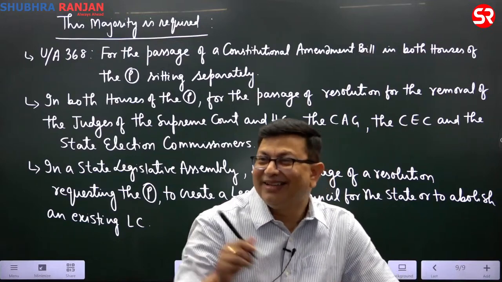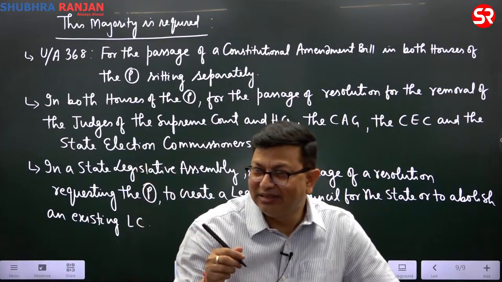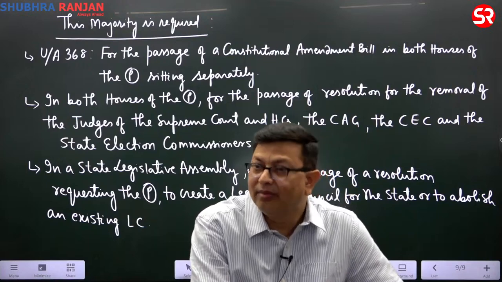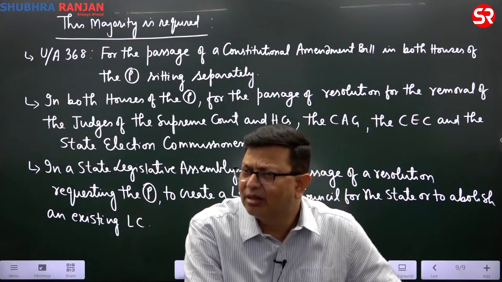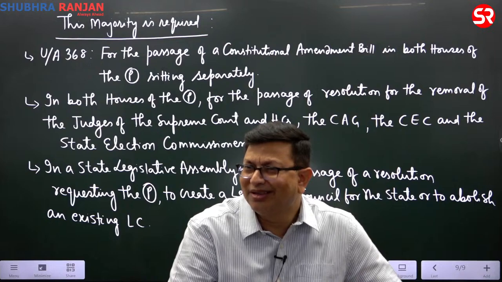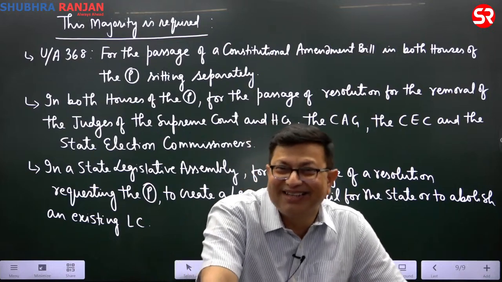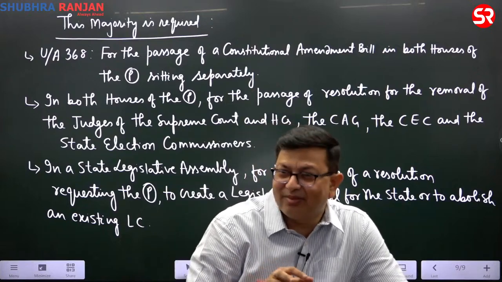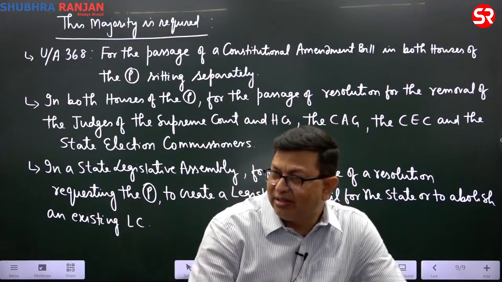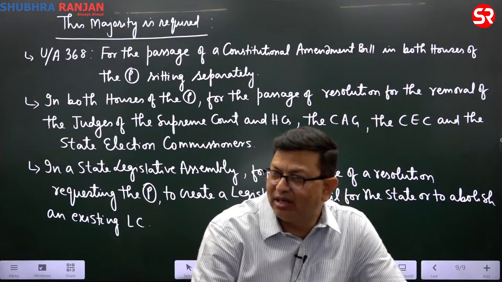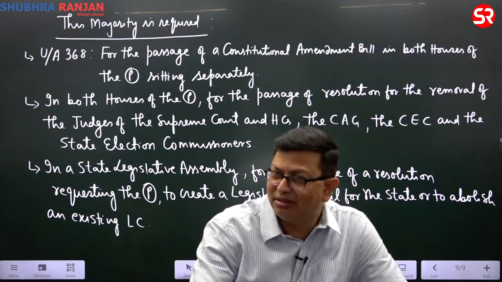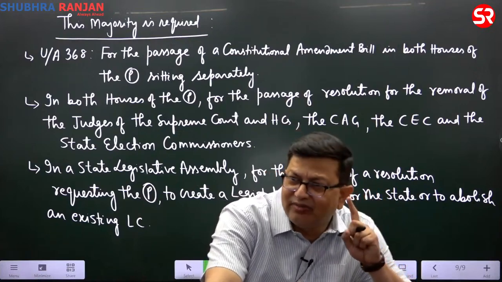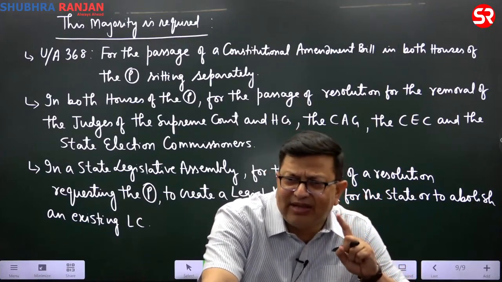You belong to Andhra Pradesh. Yes, we have got a legislative council in Andhra Pradesh. That is why I asked. And you belong to which state? Haryana. Madhya Pradesh. So you see, only in 6 of the states we have got the legislative councils.